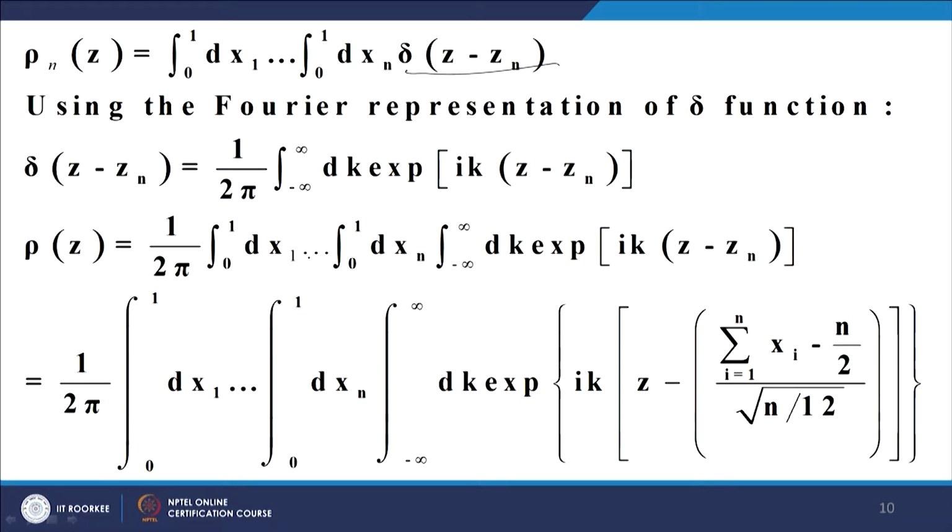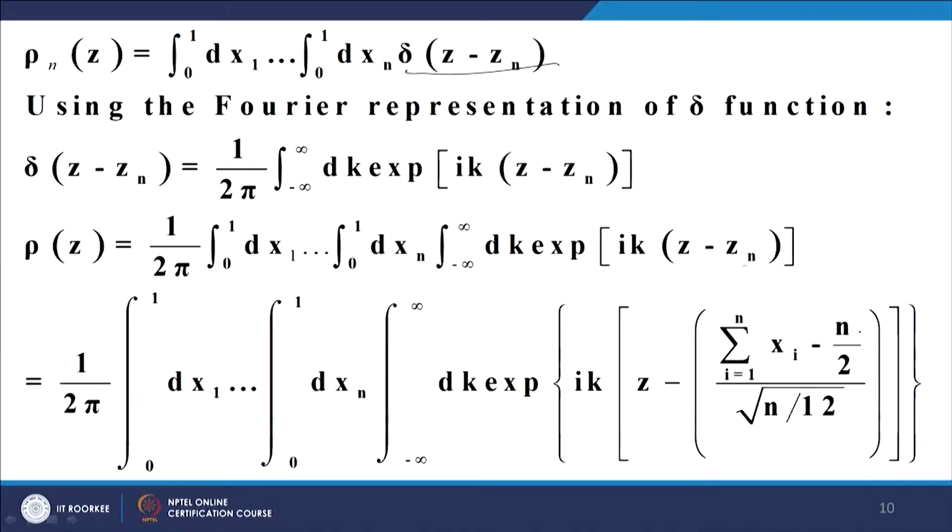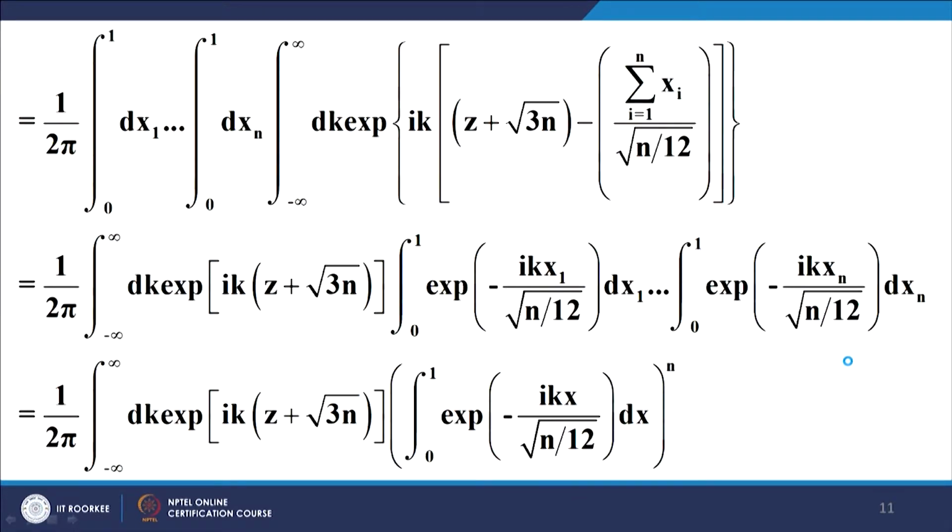And now, we do some simplification. If you look at this, i k z is here, and for this z_n, I have simply put the value here; z_n is equal to this expression, we started with that. Now, further simplification: I take this expression and this expression, and together with the z and the sum of x_i, I take them separately because they are going to contribute elsewhere.